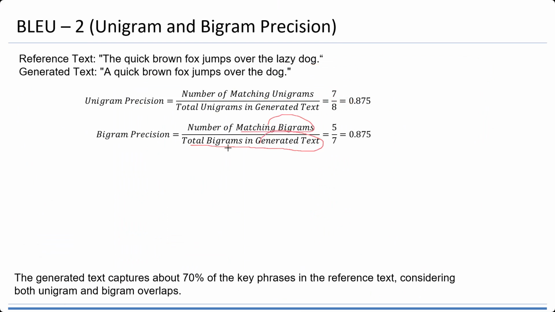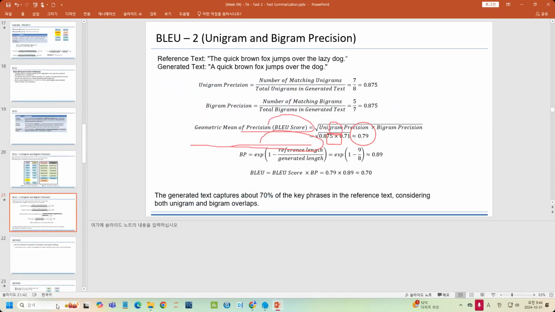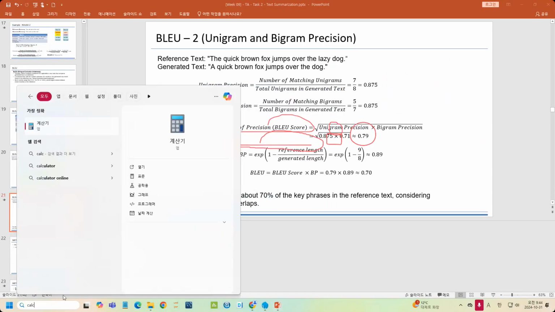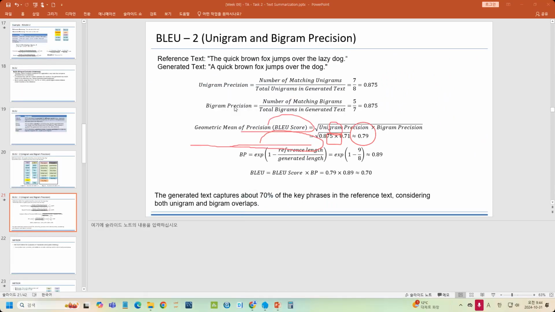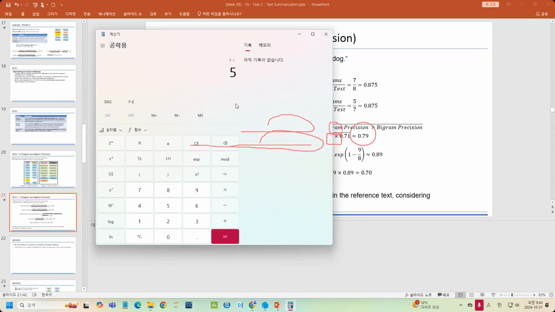The total bigrams in the generated text are 7, and 5 of them are matched. So 5 by 7 is 0.71.